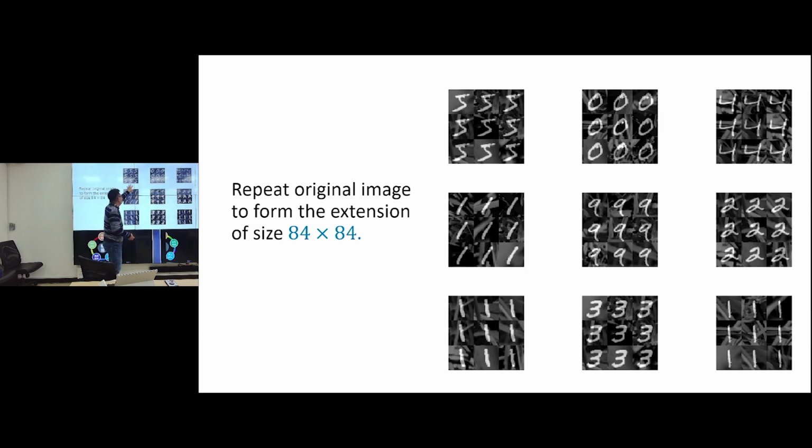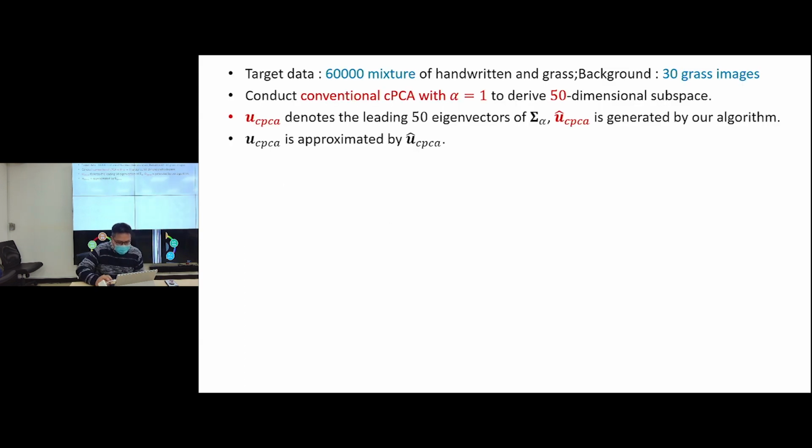Each repetition is 84 by 84, and we use the same handwriting image but different grass images.